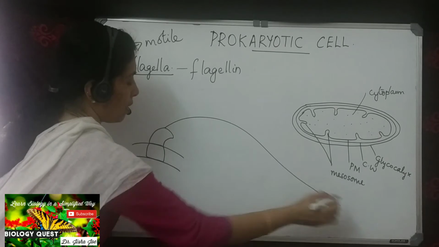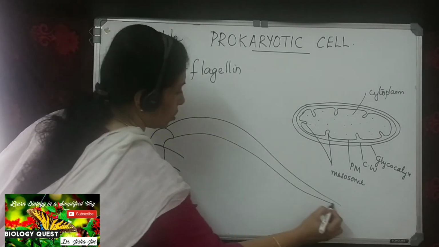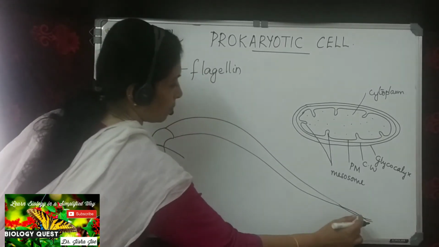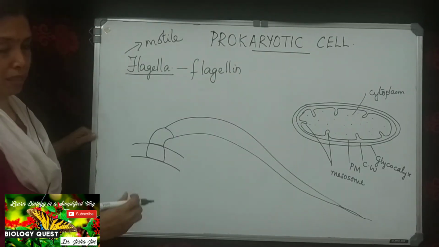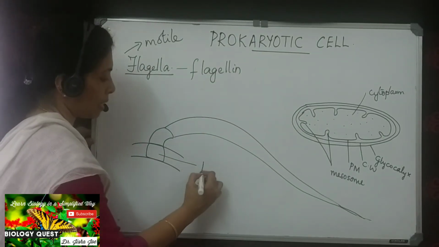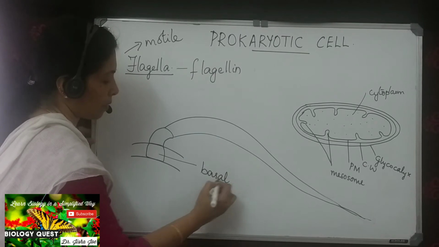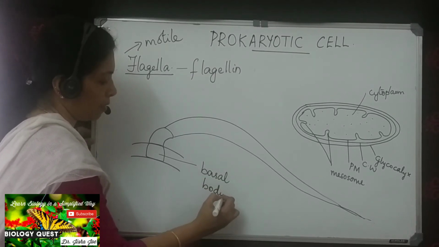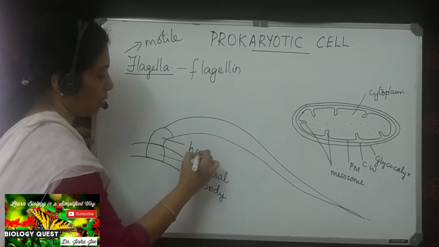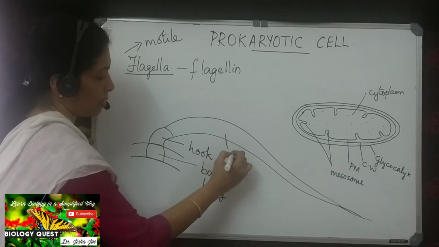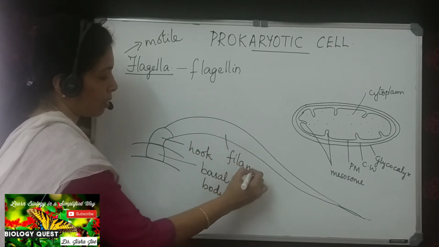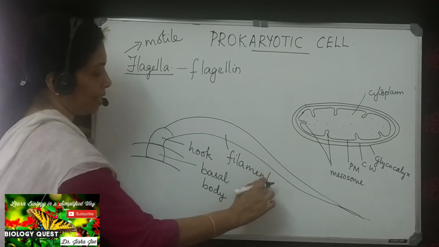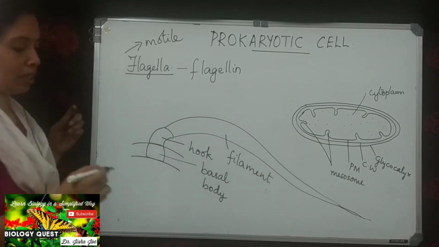And then there is the long filamentous structure, which is the filament. So three parts: the basal body, then the hook, and the long filament. So these are the three parts of the flagellum. So which are the three parts?